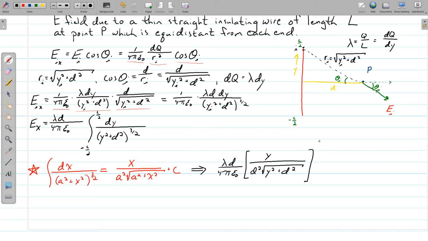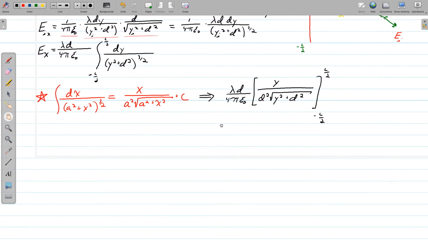And that will be evaluated at the upper bound, and we will subtract it being evaluated at the lower bound. So we're cruising along here. So now, let's get ready for this evaluation process.